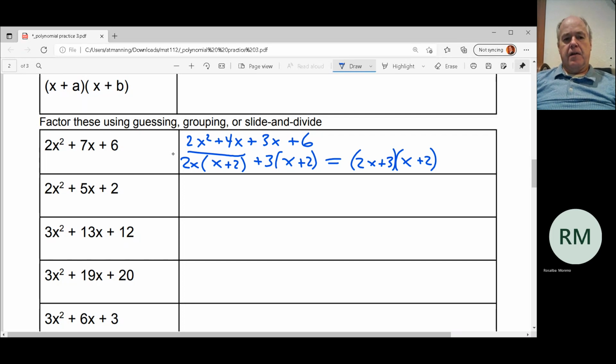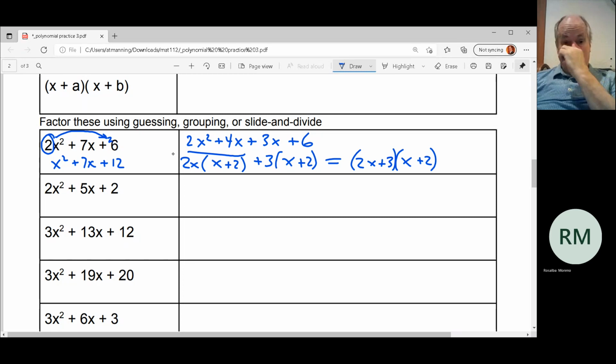Here's the slide and divide. Basically, we take that 2 and say, wait a minute, this would be easier if I had a 1 multiplying the x squared. Well, you can take that 2 over and say, okay, for temporary, let's multiply the 2 times the 6 and turn this into x squared plus 7x plus 12.